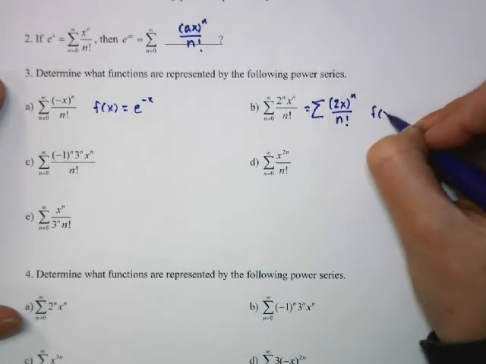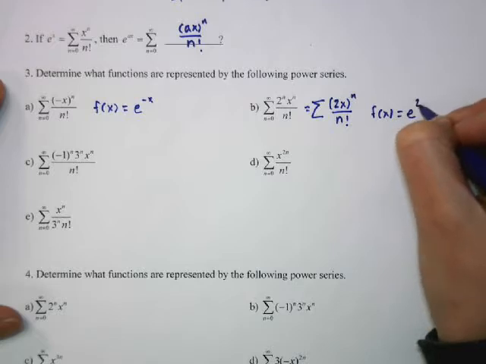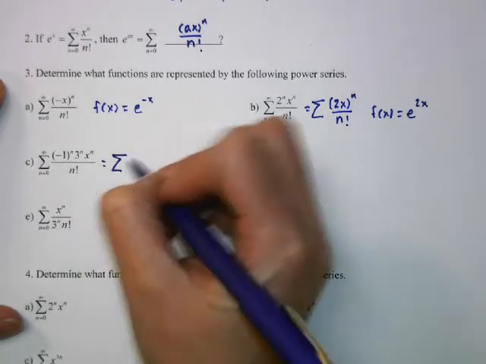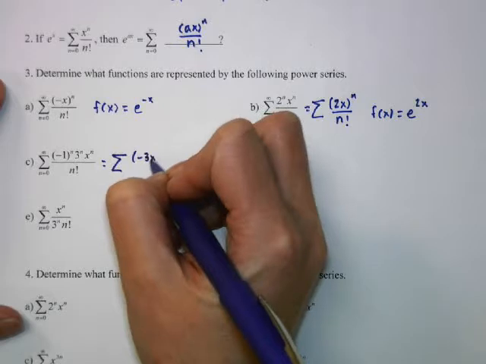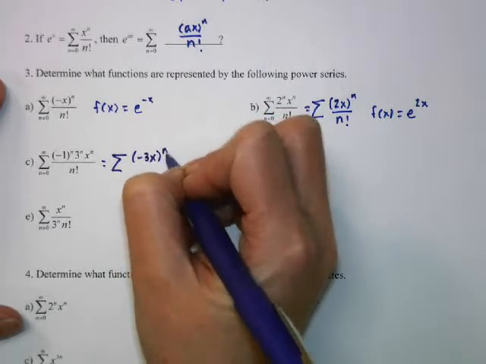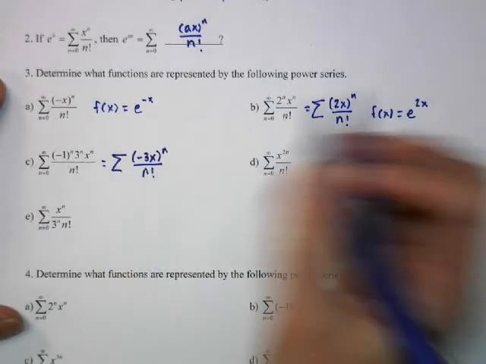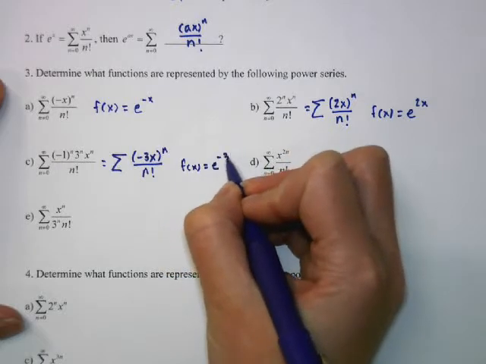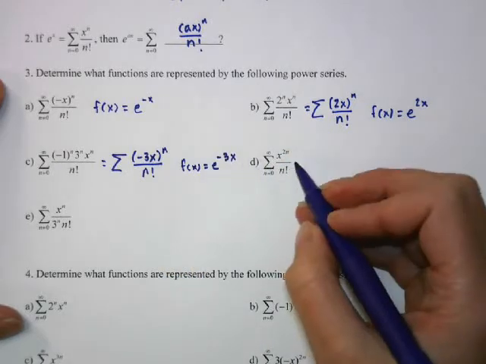So this will be e to the 2x. I can rewrite this one as negative 3x to the n, so this function is e to the negative 3x.